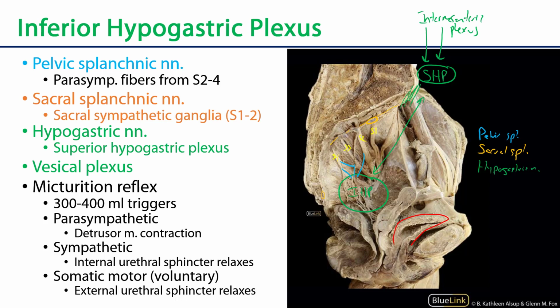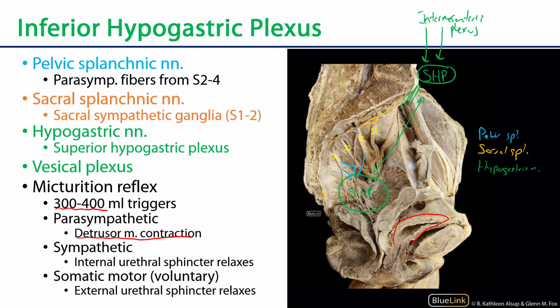Within the detrusor muscle, there are special baroreceptors, so stretch receptors, that whenever the volume reaches a critical capacity, usually around 300 to 400 milliliters, these are activated. And this information is sent back up to the sacral spine and beyond, and through parasympathetic fibers, so those pelvic splanchnic fibers, the detrusor muscle contracts.